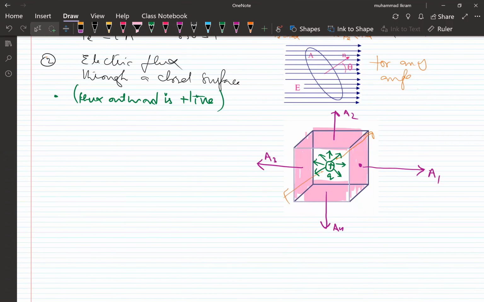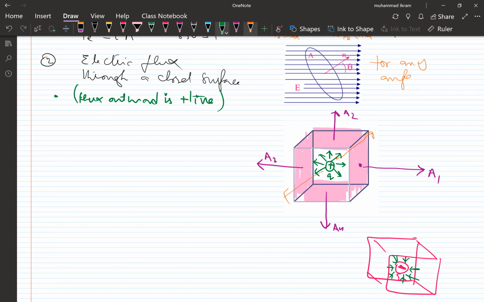Now let us see another case. For example, if I just draw this box like this one, and it bounds a negative charge, then what happens for the negative charge? The electric field lines always point towards the charge, as you see. Then what is going to happen?